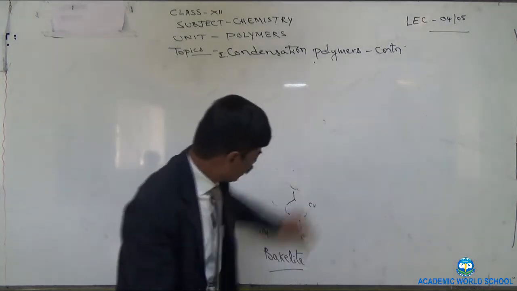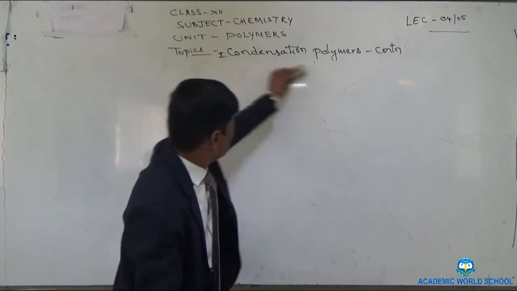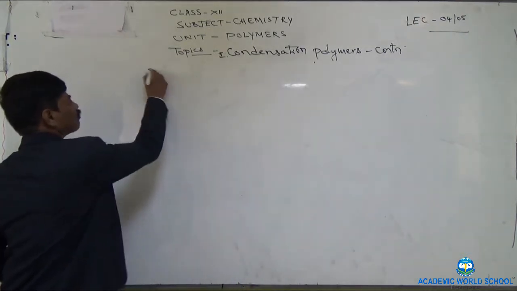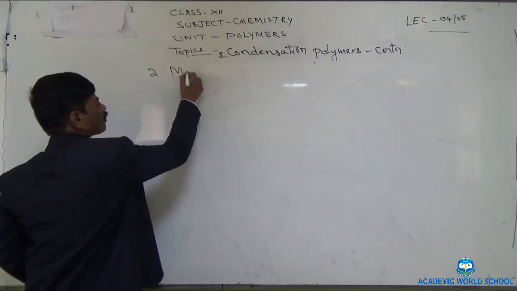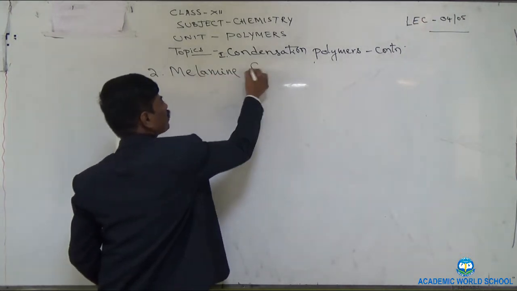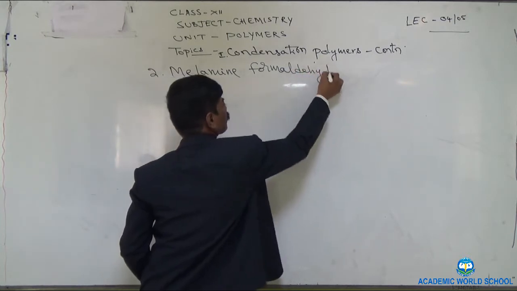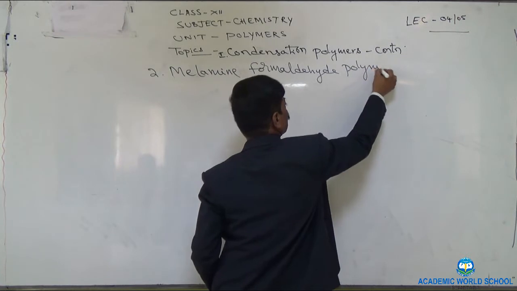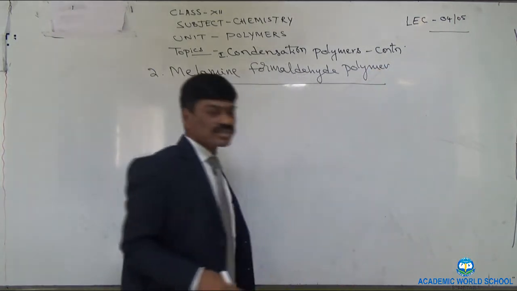Melamine formaldehyde polymer contains two micromolecules. One is melamine, second one is formaldehyde. So that polymer is melamine formaldehyde polymer. We are going to see the chemistry of this polymer.